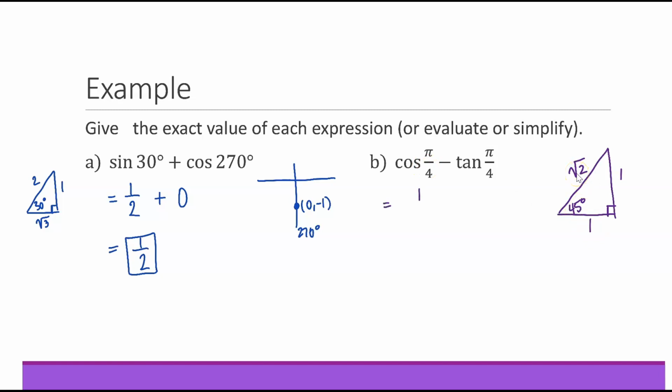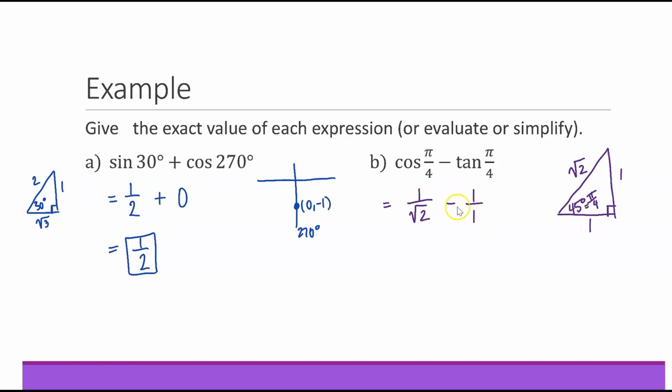So we have 1 over the square root of 2. So we're focusing on this angle, doing adjacent over hypotenuse. But tangent, we're still using the same triangle because the angle is pi over 4, or 45 degrees, right? Tangent is opposite over adjacent. So we have minus 1 over 1, so just minus 1.